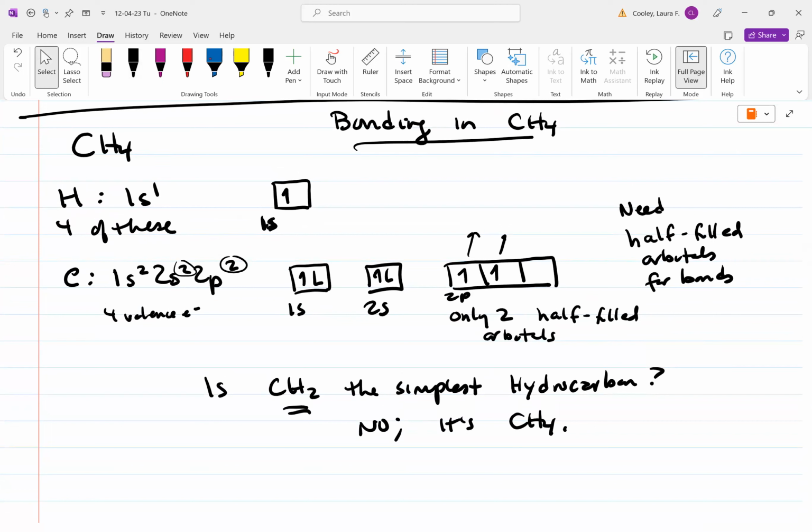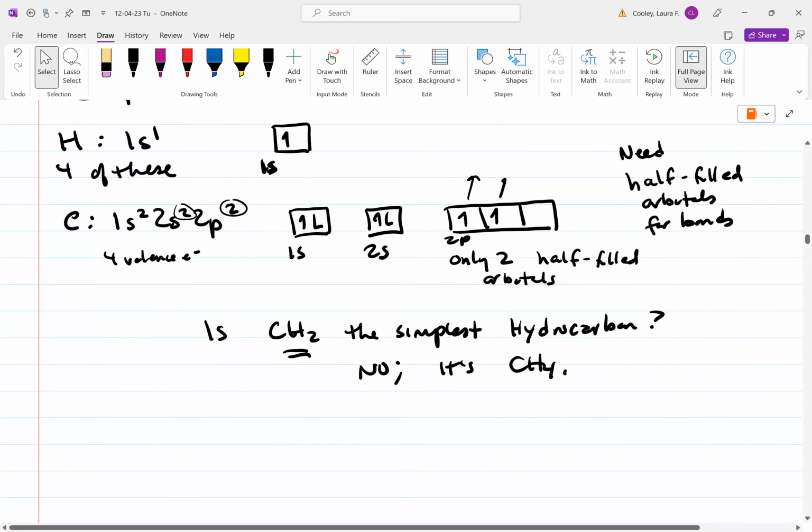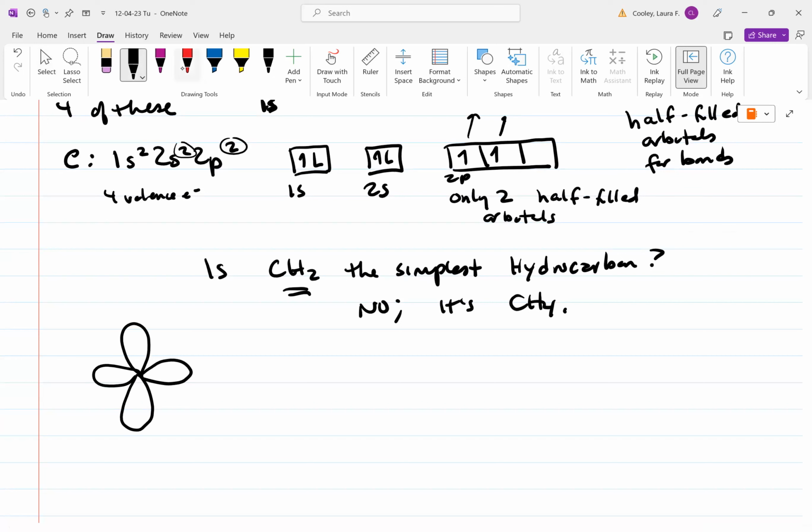It's 2s2, 2p2, the last shell. So we see we already have a problem here. Here are the 3 2p orbitals. This one goes in the back. It's hard to draw.